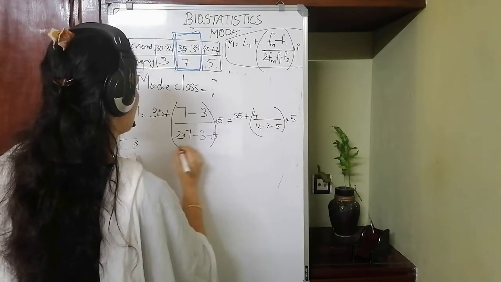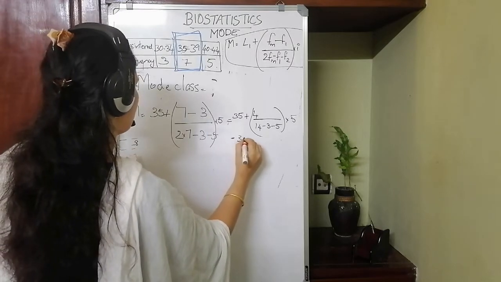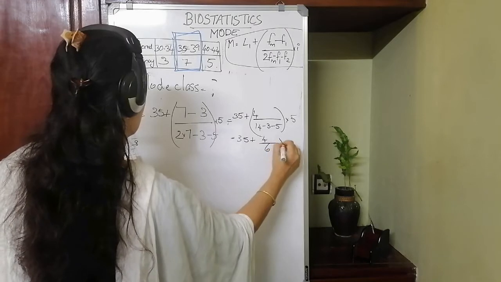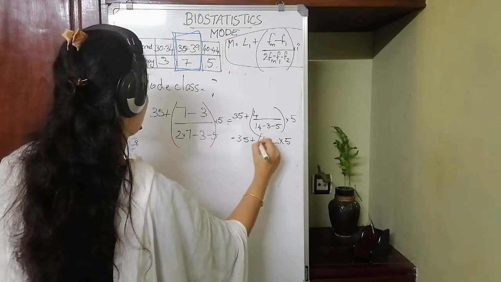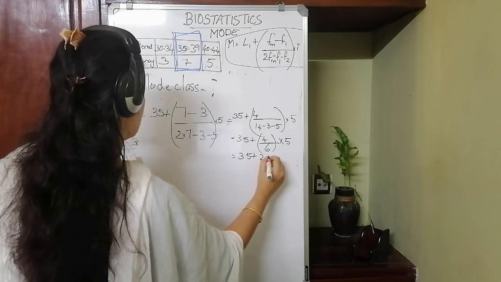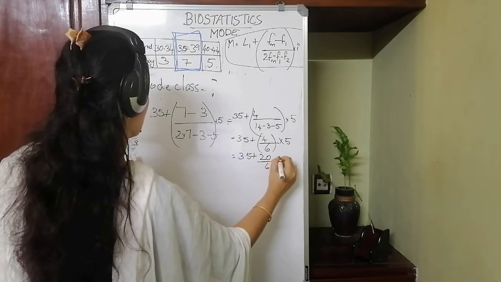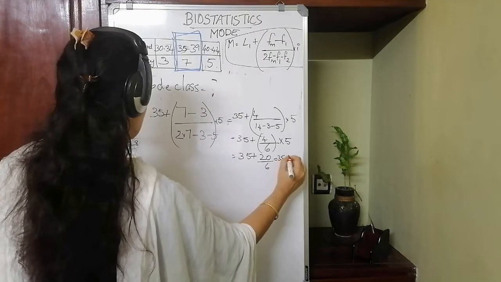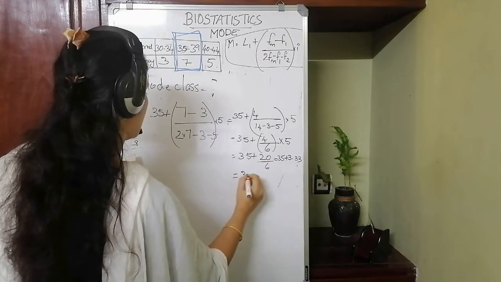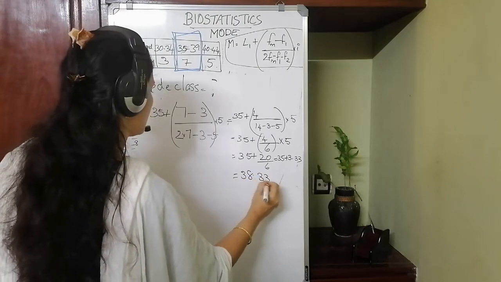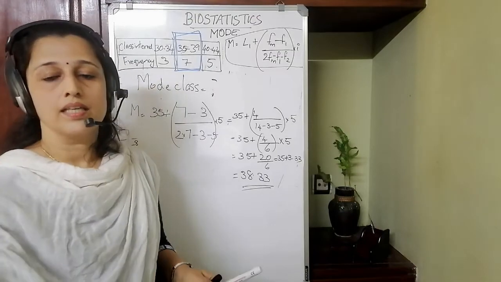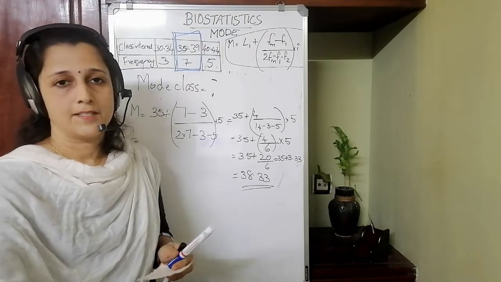That is equal to 35 plus 4 divided by 6 into 5, which is 35 plus 20 by 6, equal to 35 plus 3.33. So the answer is 38.33. The mode for this question is 38.33. That is the answer.